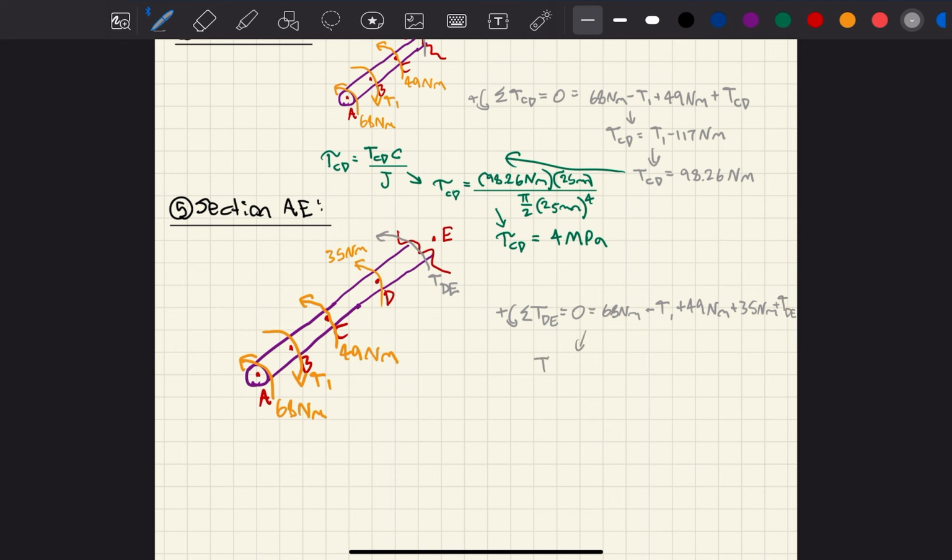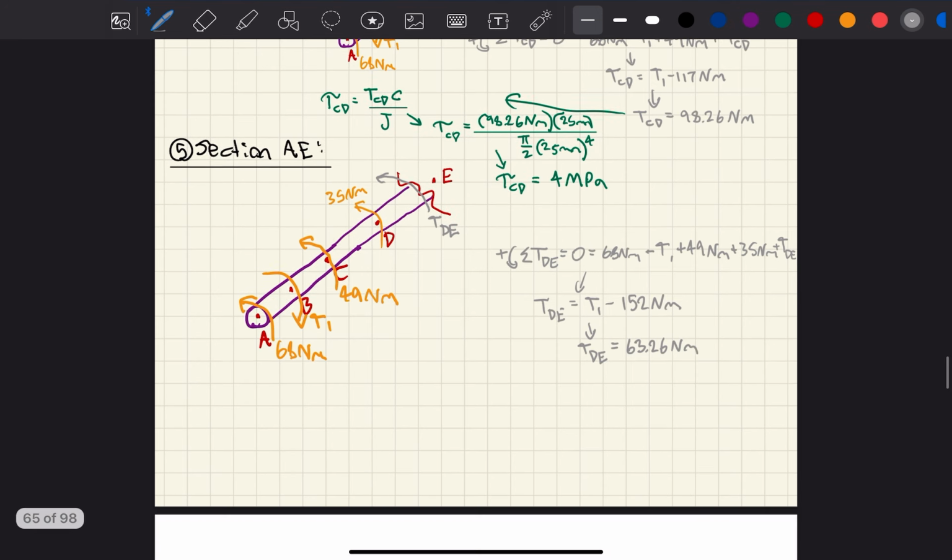I'm going to get that my torque at section DE is equal to, from this calculation, T1 minus 152 Newton meters. And what you get from this is TDE is equal to 63.26 Newton meters. Beautiful stuff.